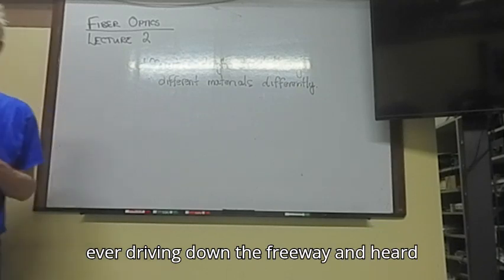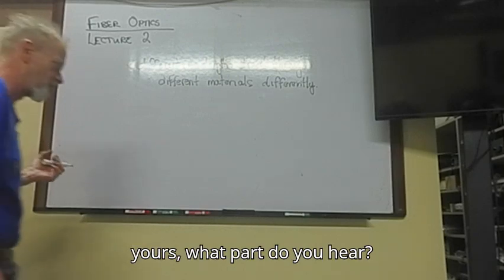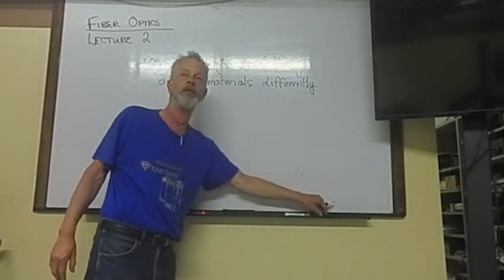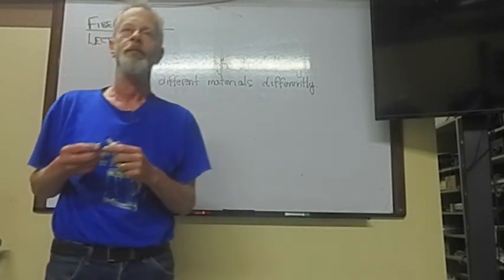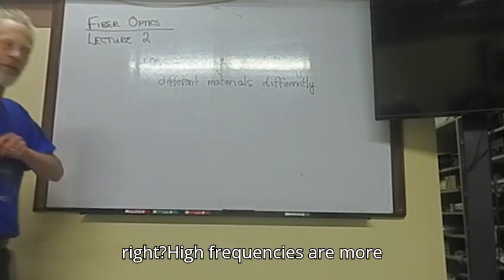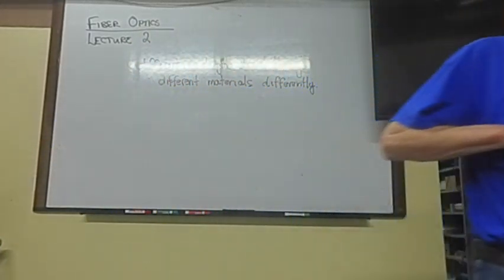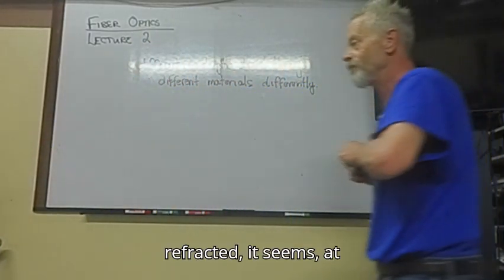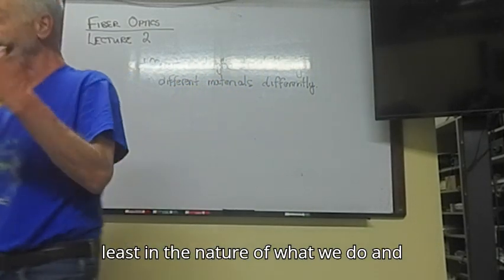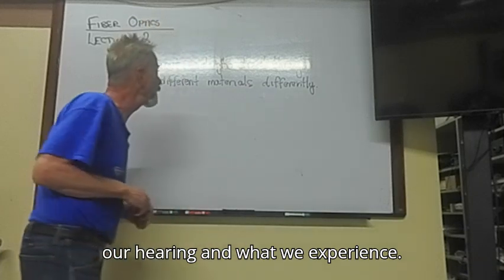If you've ever driven down the freeway and heard somebody's car stereo in the car next to yours, what part do you hear? You normally hear the lower frequencies, right? High frequencies are more reflected, low frequencies are more refracted, it seems, at least in the nature of what we do and our hearing and what we experience.